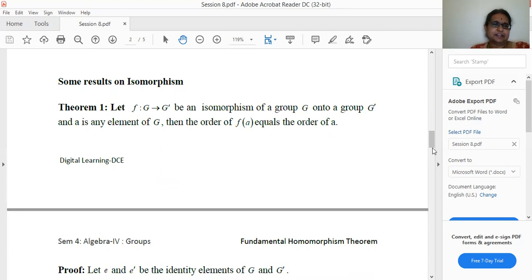Then the order of f of A will be equal to the order of A. This we have to prove.